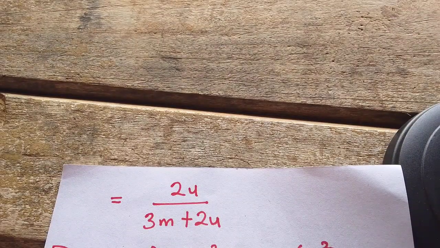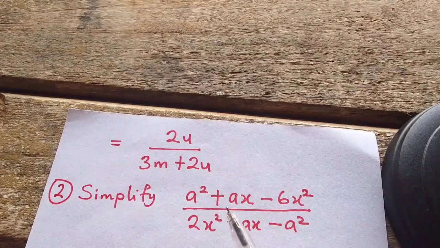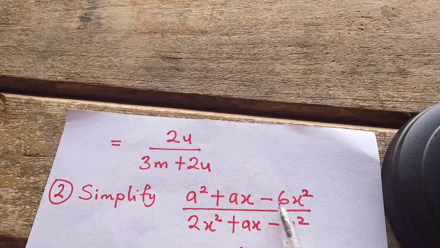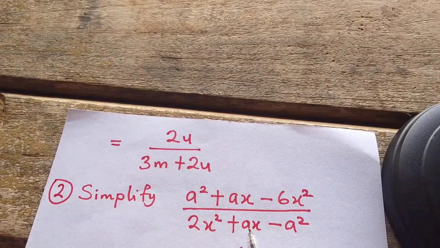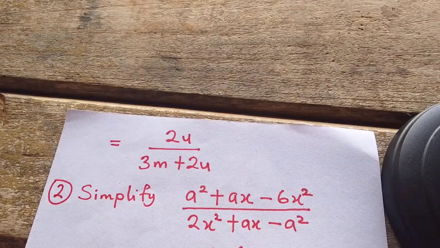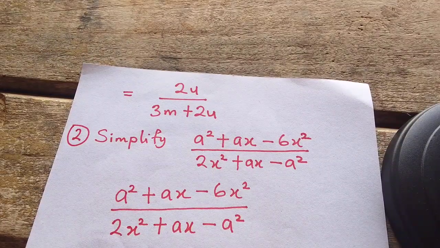Now let's look at another example. Simplify a square plus ax minus 6x square over 2x square plus ax minus a square. Now it means you are having this. The first thing for you to do is to first of all factorize the numerator.